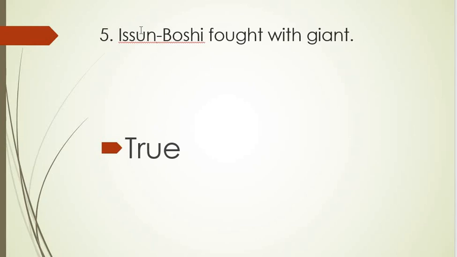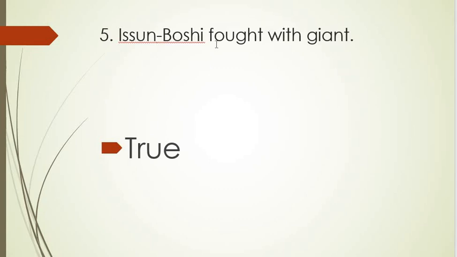And the last true or false for this lesson is Issun-Boshi fought with the giant. Isn't it so? Yes, he fought with the giant to save Princess Sanjo. If you remember, Princess Sanjo was on her way to the temple along with Issun-Boshi, who was her caretaker.